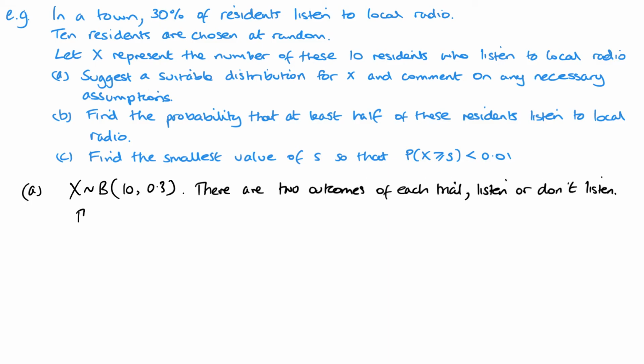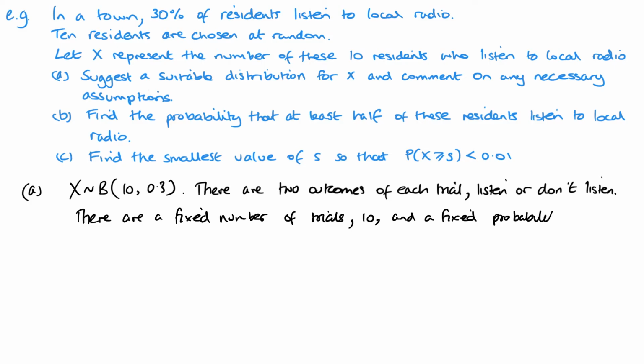Secondly, there are a fixed number of trials, isn't there? And that would be 10. And of course, a fixed probability. And then finally, we should put that actual probability in, shouldn't we?